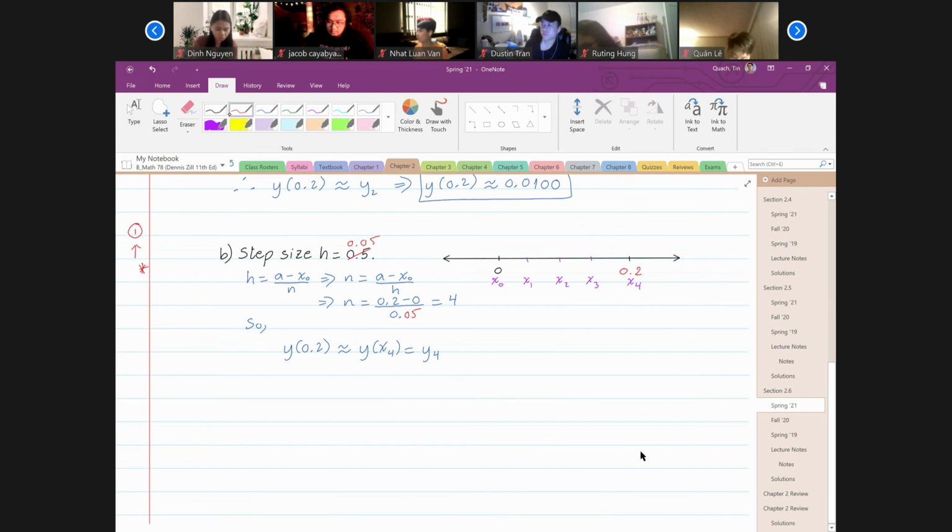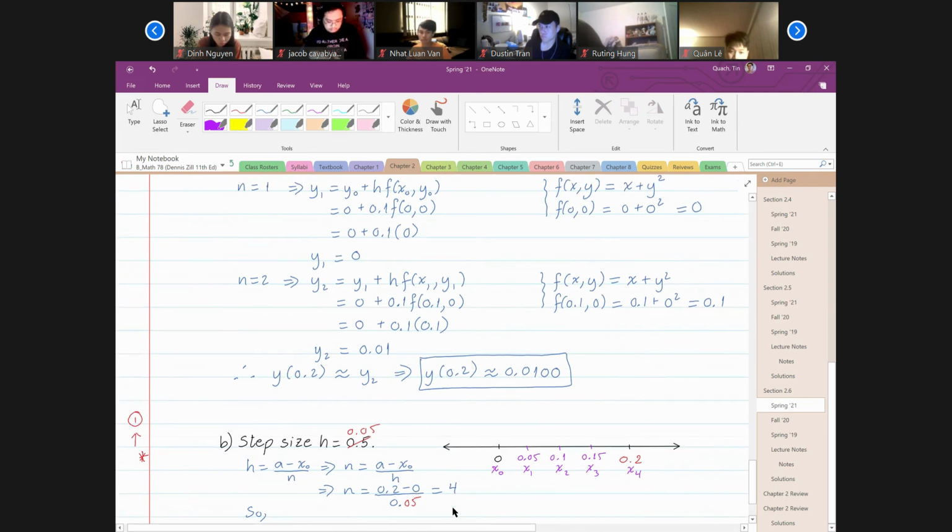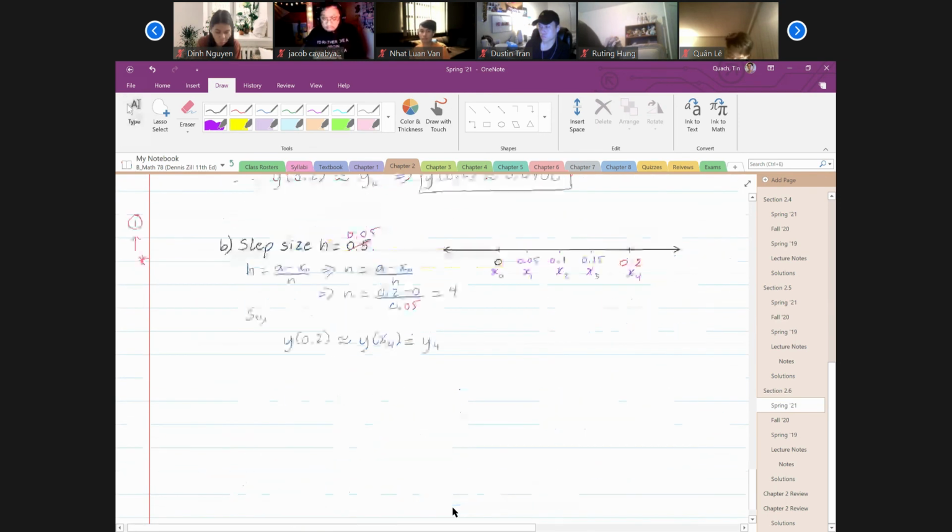So you see right here, the step size is 0.05. So you just keep adding 0.05 to the previous x coordinate to get to the next one. So this is 0.05, add 0.05, you get 0.1, and then 0.15, and then 0.2. Okay, so now you can use the formula.